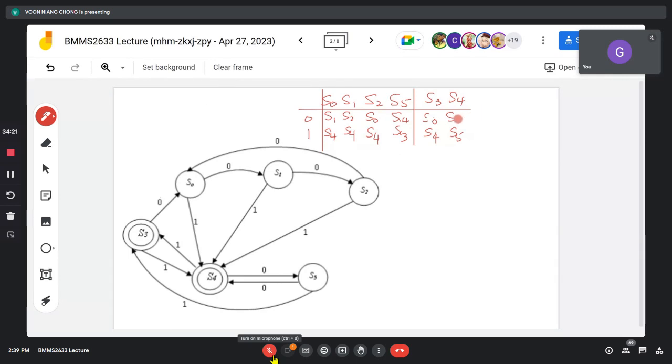S4 goes to 5 and 3. Then, okay, so here, after we get this, which one is not in the same class?